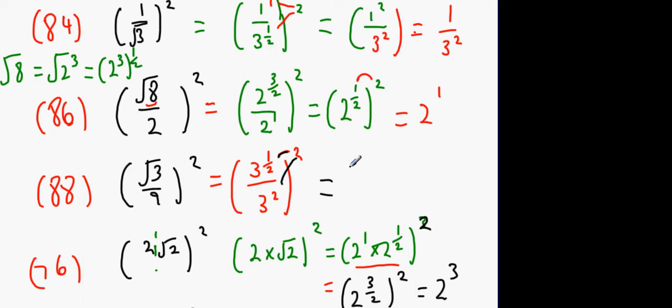What we're going to get here is 3 to the power of 2 multiplied by a half. 2 multiplied by a half is 1. 2 multiplied by 2 is 3 to the power of 4. And when you have division, you take away the powers, and then you get 3 to the power of 1 minus 4, which is 3 to the power of minus 3.